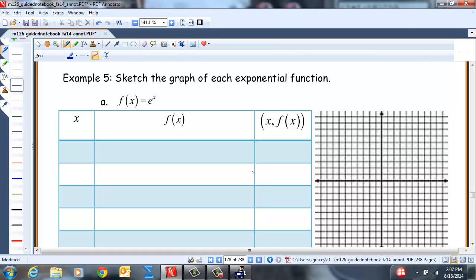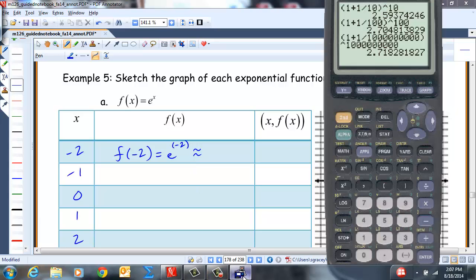Okay, so let's go ahead and sketch the graph of each of these exponential functions. Again, we might as well let x be -2, -1, 0, 1, and 2. So f at -2 is going to be e raised to the -2, which will be approximately, I'll do this on the calculator.